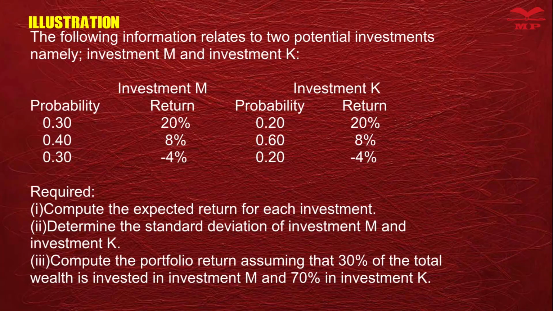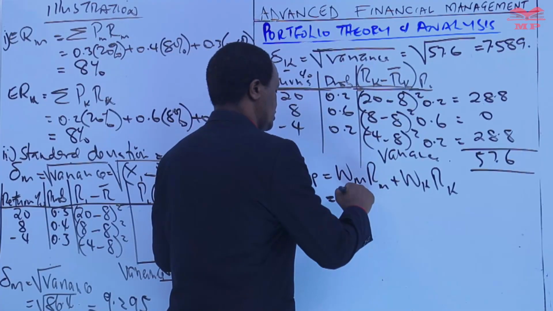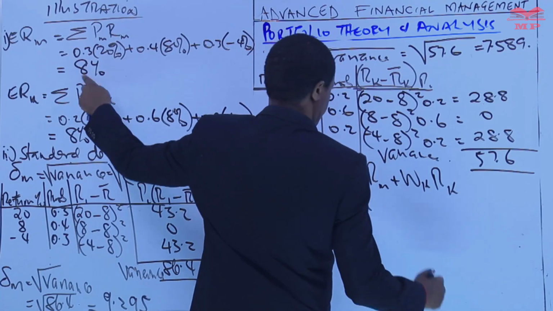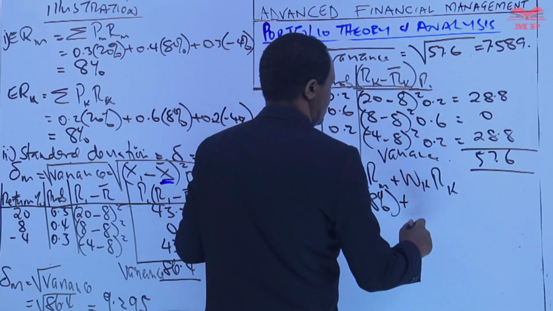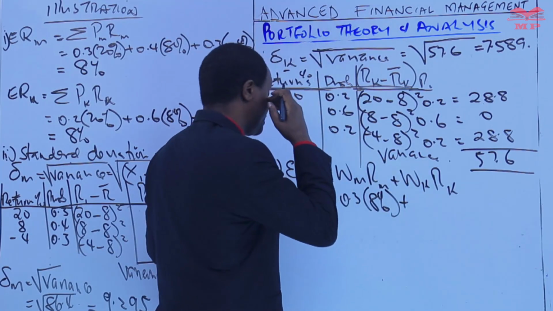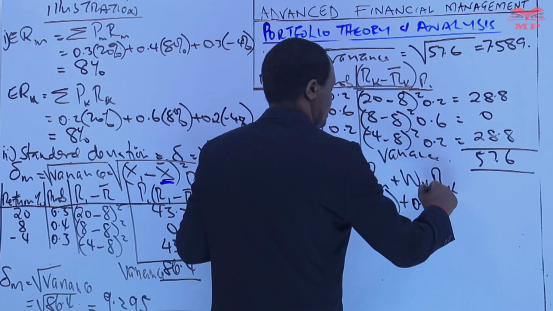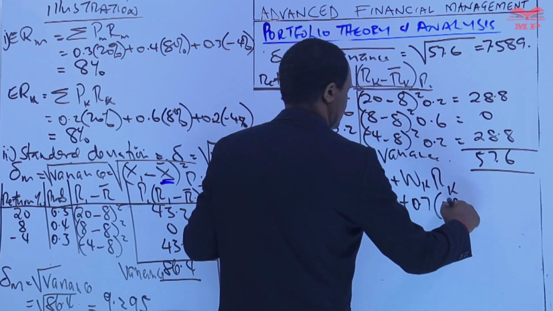The weight for investment M is 30%, and 70% for K. So this one is 30%, converted to decimal, 0.3, times 8%, plus the weight of investment K, which is 70%, converted to decimal 0.7, times 8%.